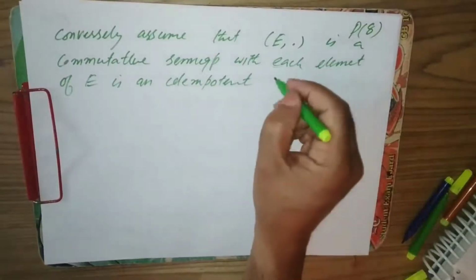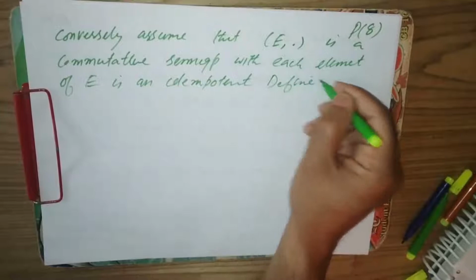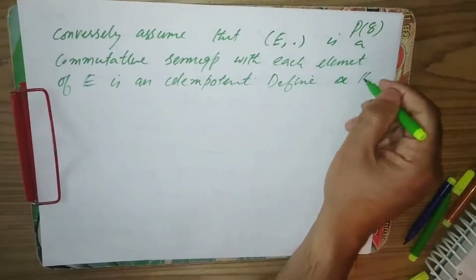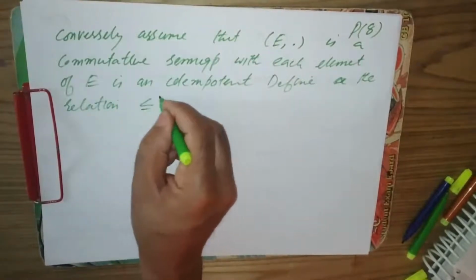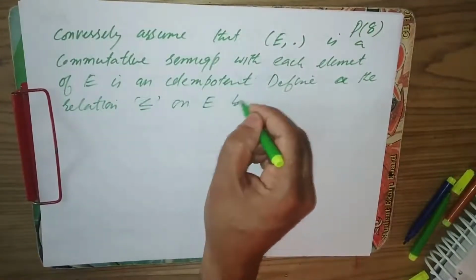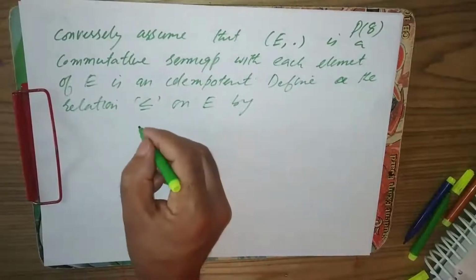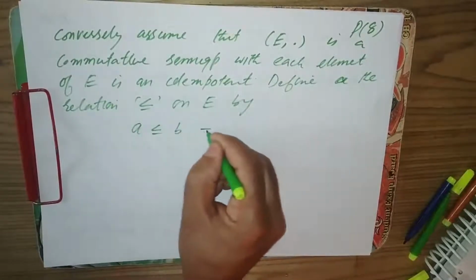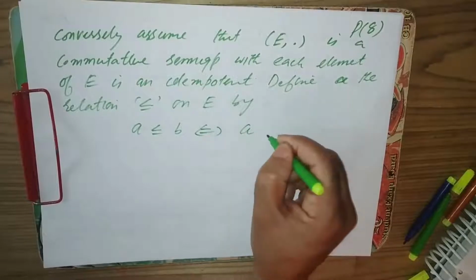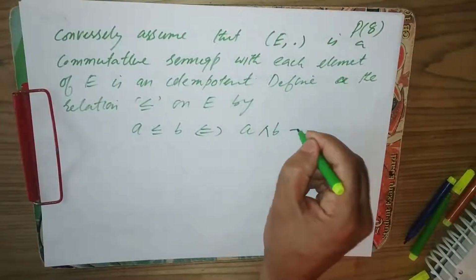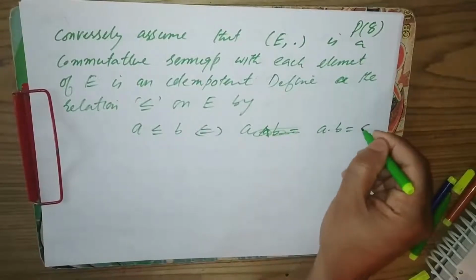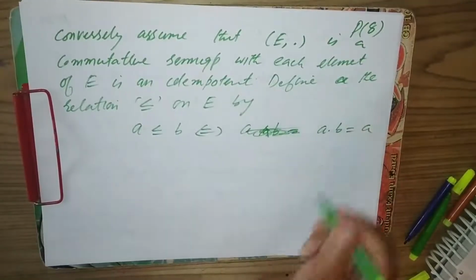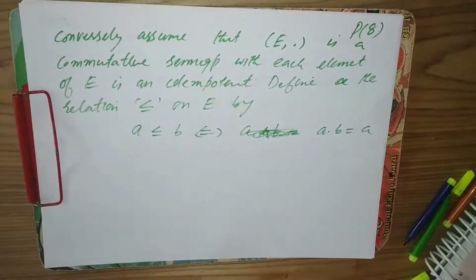Now we define a relation on E by: A is less or equal to B if and only if the product, sorry, we don't have meet here, A dot B is equal to A. A dot B is equal to A.